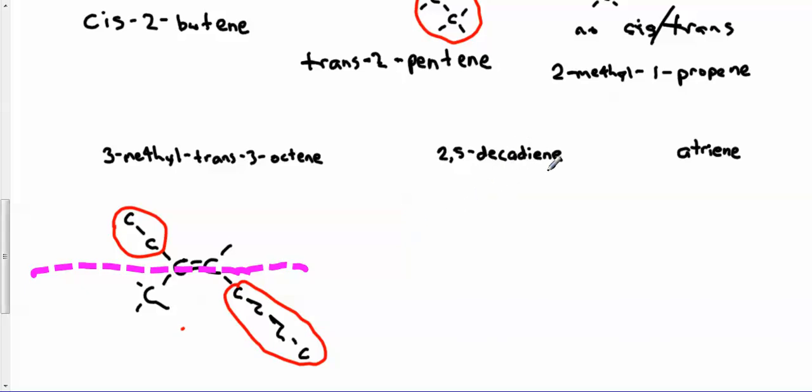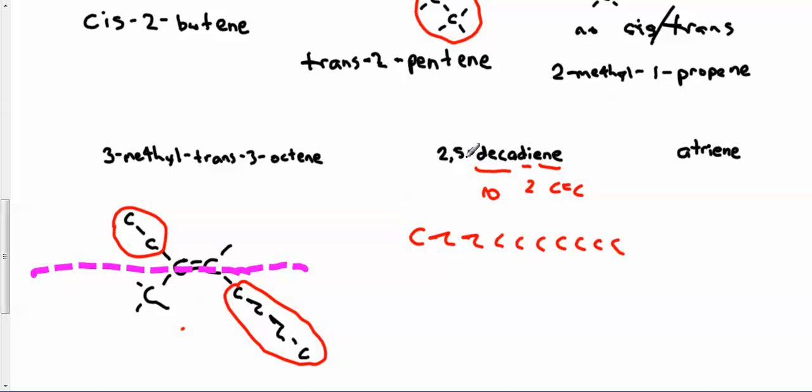Just one other example with double bonds. This looks like a different ending than I've ever seen before. Dec means 10. Di usually means 2. Ene means I got a double bond. So when I see the ending diene, that means that I've got 2 double bonds. And where are these 2 double bonds? They're off of carbons 2 and 4. So C 1, 2, 3, 4, 5, 6, 7, 8, 9, 10.